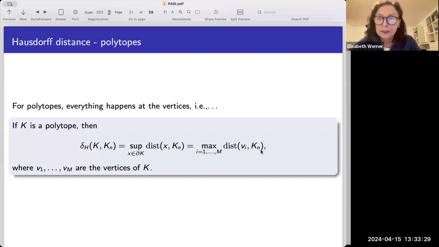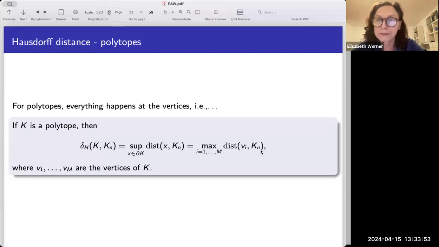But now, this reduces further when we are in the polytopal case and we choose the points on the boundary, to just looking at the distance of Vi to Kn and the maximum thereof, where we'll take the maximum over all the vertices V1 up to Vm of K.